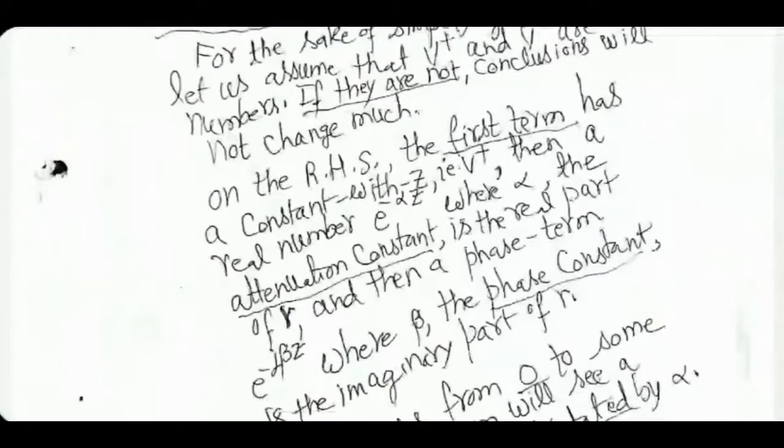E to the power minus alpha z denotes decay in the amplitude. So alpha is known as attenuation constant. Alpha will determine the rate at which the amplitude will attenuate.